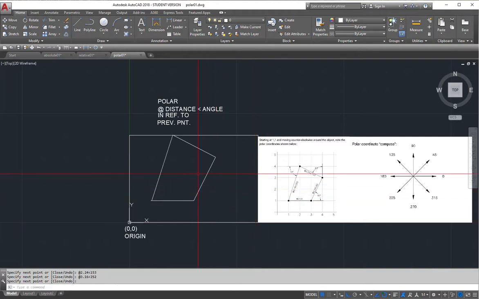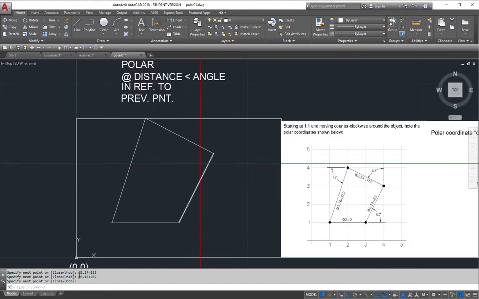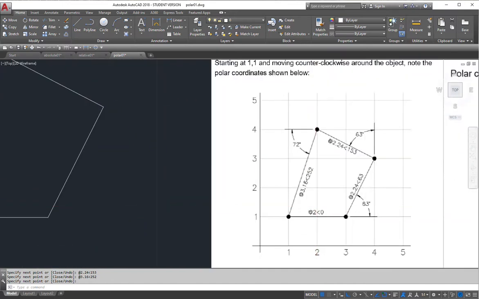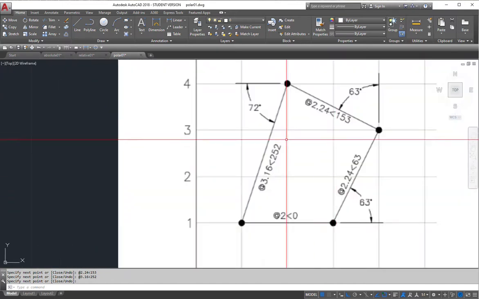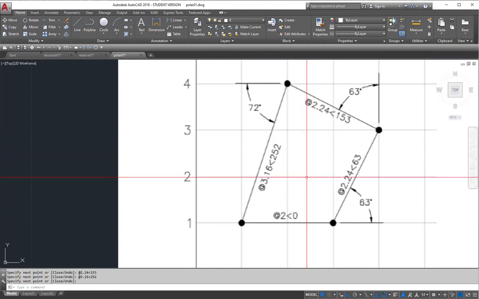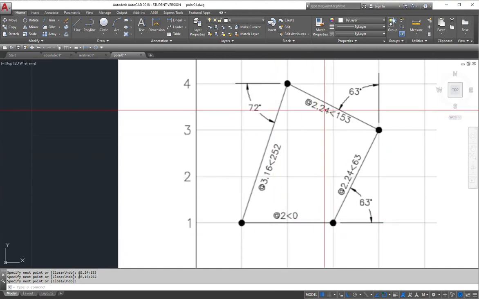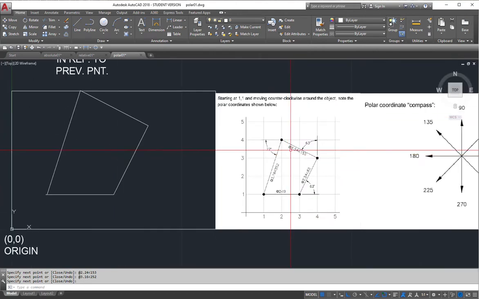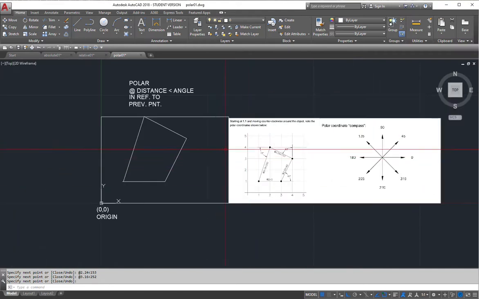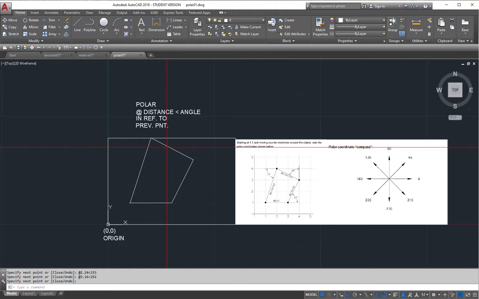Okay, so that allows me to create my shape following this particular setup: at distance less than angle. That is my polar method of inputting my information.